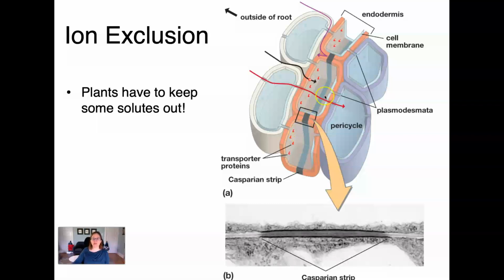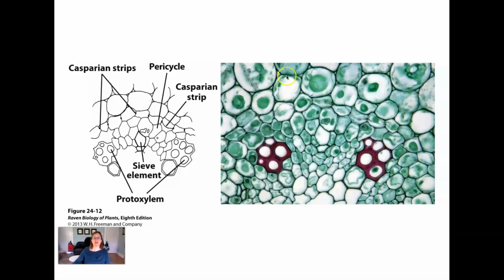So the endodermis membrane proteins are very important for moving solutes from the apoplastic movement into the actual cytoplasm of the plant and eventually into the xylem. There's some more pictures of this. Here's a picture of the Casparian strip, which is these cells here.